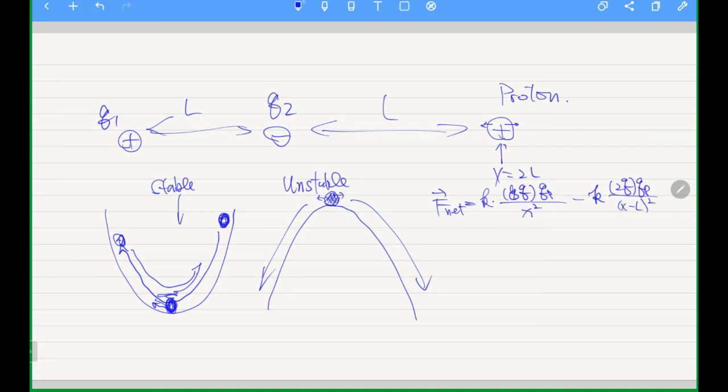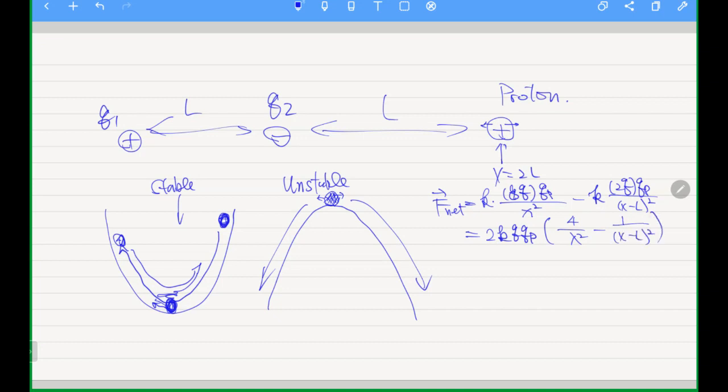The force should be like this. And then we can try to do some simplification, it will be 2K QP times 4 over x squared minus 1 over x minus L quantity squared, like this.